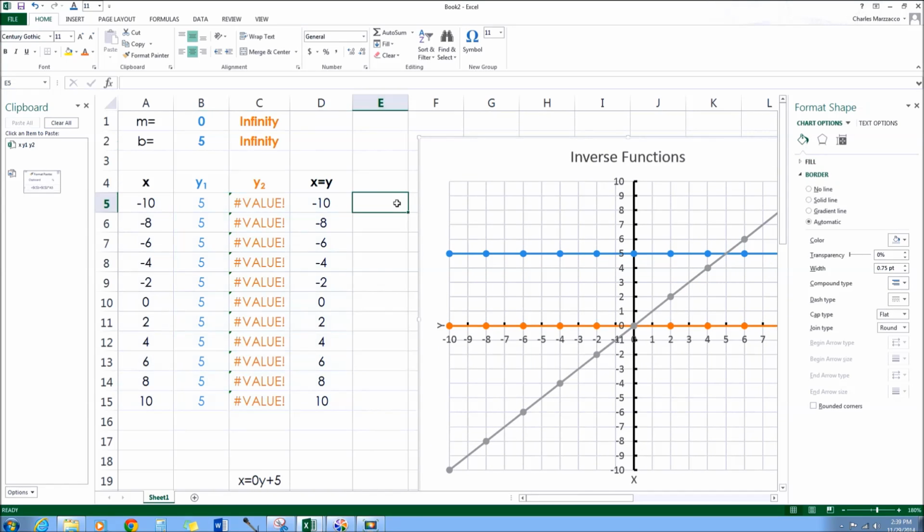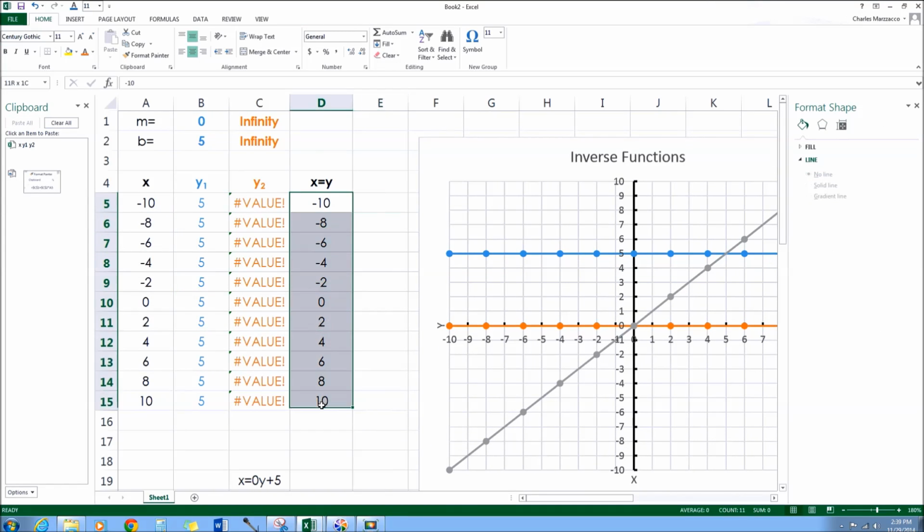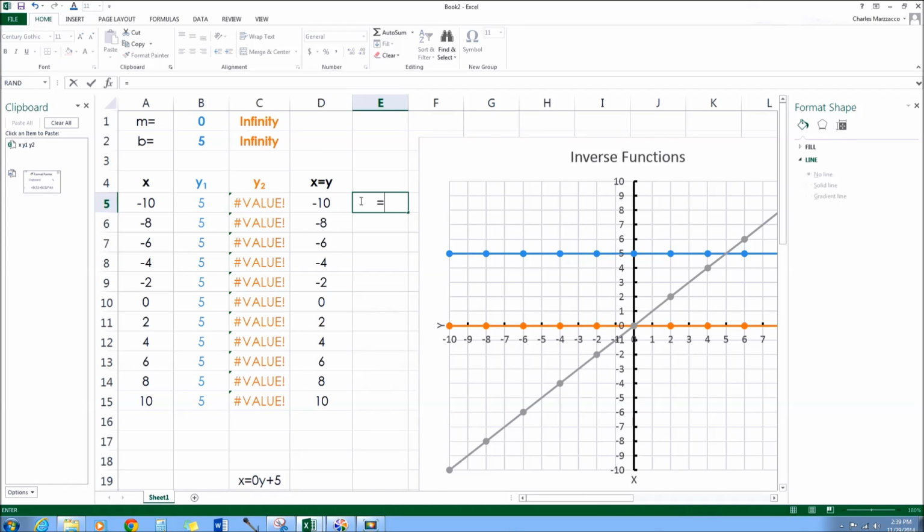I have an idea. Let's start another X column. We'll copy this over. Actually, no, we'll do another if-then statement. So, if this equals 0, then this, and $, and F4.